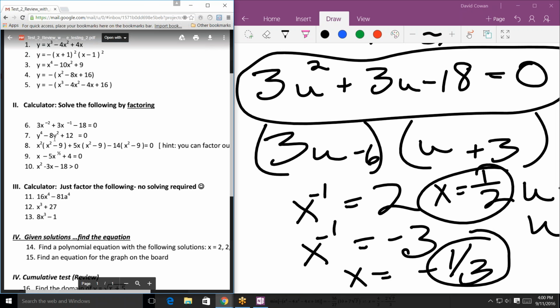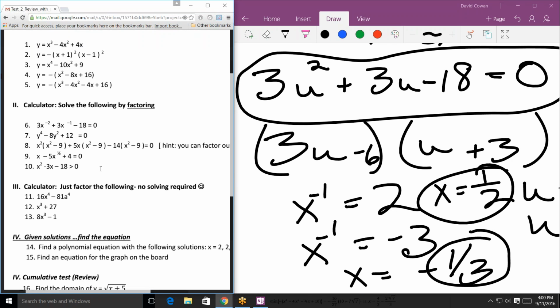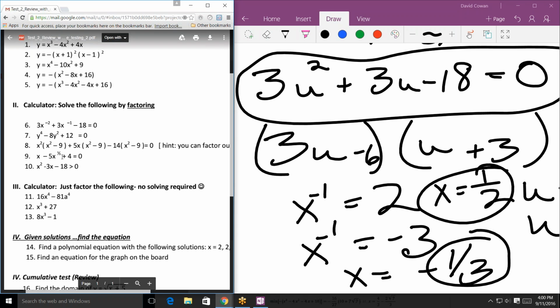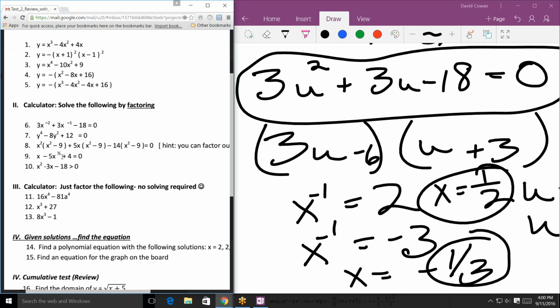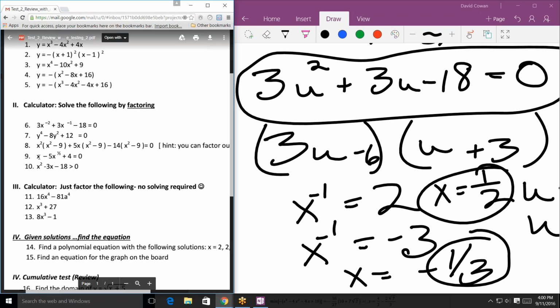Okay? What we're looking for when we see problems like this is, are we looking at quadratics in disguise? Notice that 9 is a quadratic in disguise, right? The middle term is x to the 1/2. The term on the left is x to the 1.